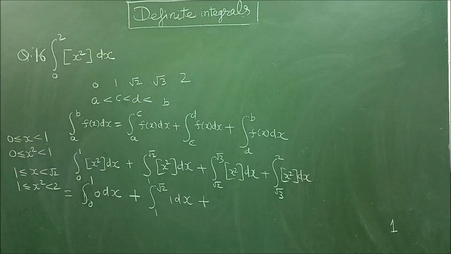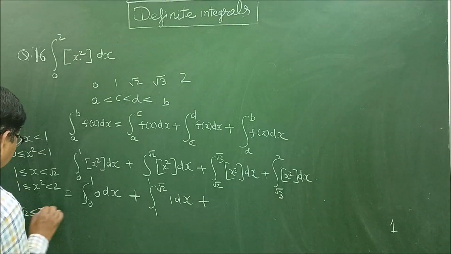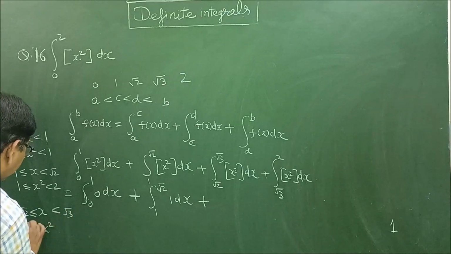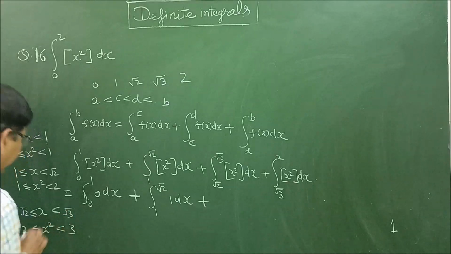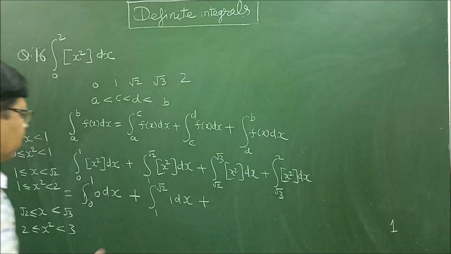plus when the value of x varies from root 2 to root 3, that is x square will vary from 2 to 3, and in that case the greatest integer x square will be equal to 2.